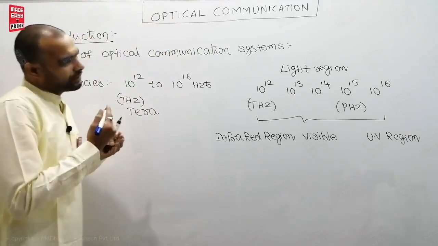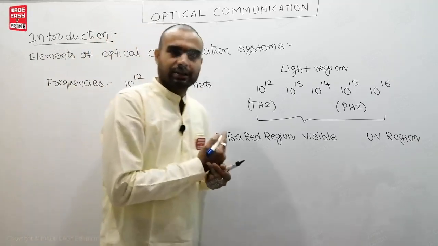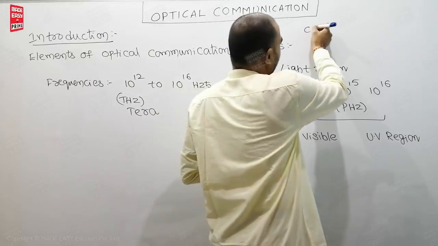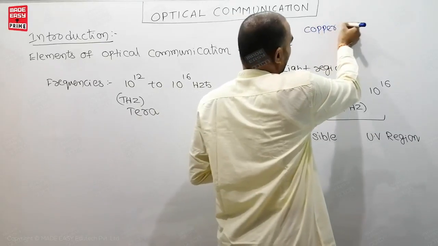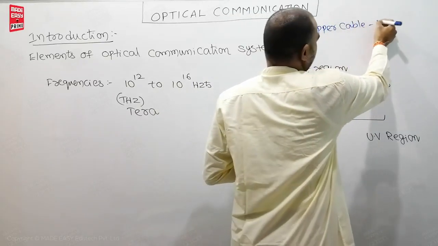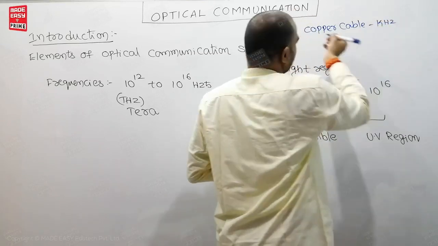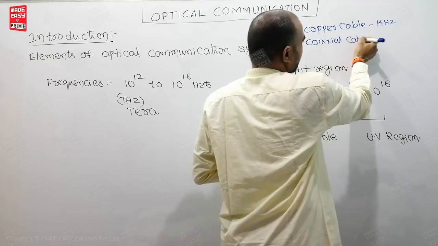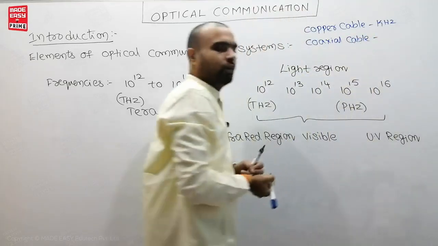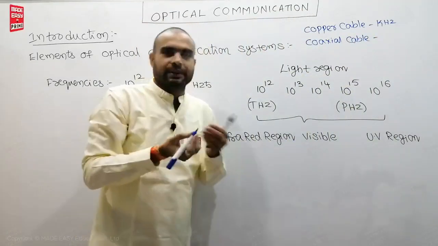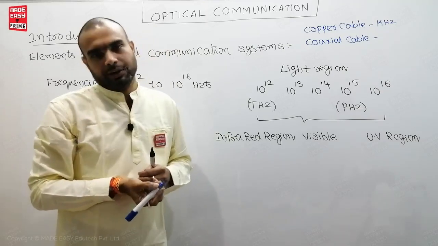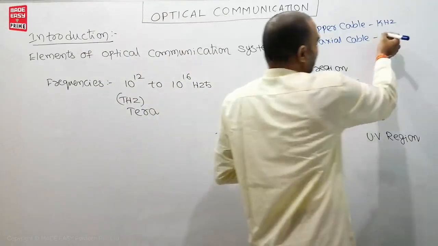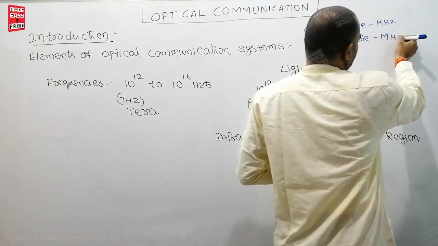As the frequency goes on increasing, just try to understand, that's very simple. We studied that a copper cable can withstand up to kilohertz. After that we study the coaxial cable, where we calculate the characteristic impedance Z0, having an inner conductor and an outer conductor. The coaxial cable can withstand frequencies in terms of megahertz.